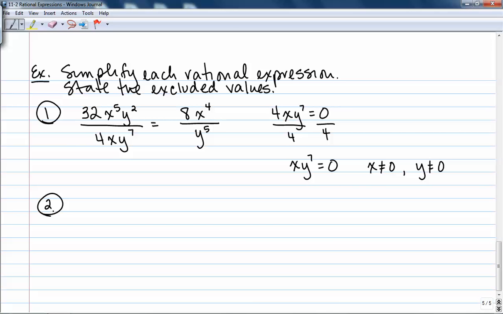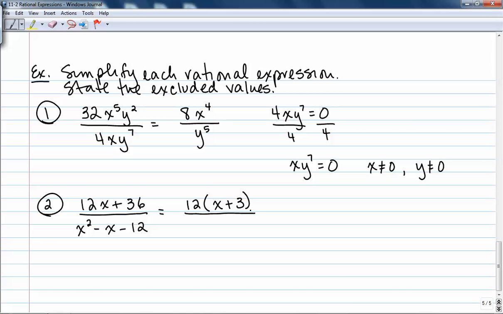Here's another example. 12x plus 36 divided by x squared minus x minus 12. First step is I need to factor both the numerator and the denominator. On the top, I can take out a greatest common factor of 12, and that leaves me with x plus 3.